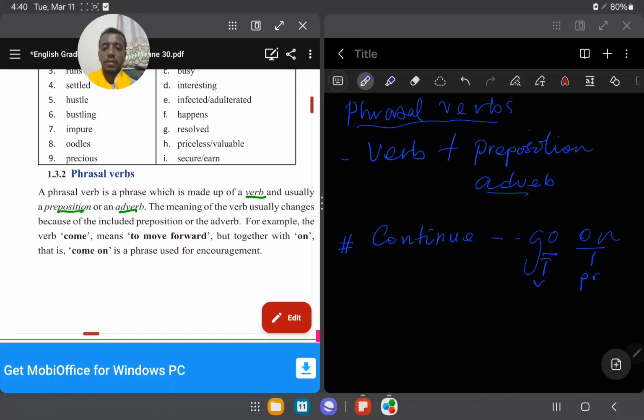Go on means continue. You can use go on because they include the preposition.